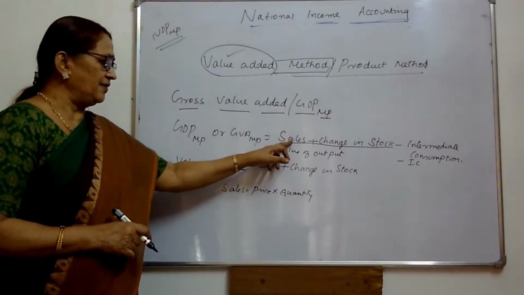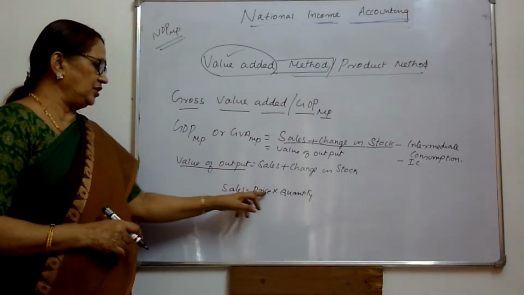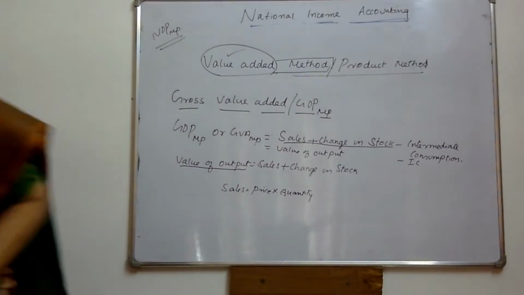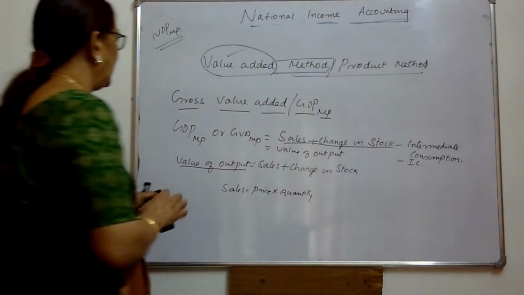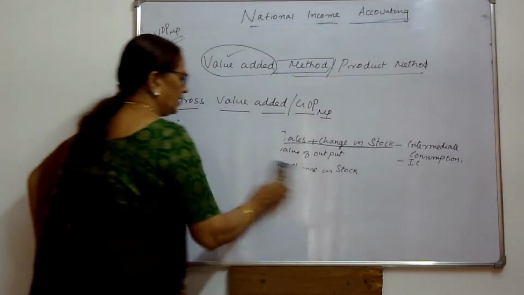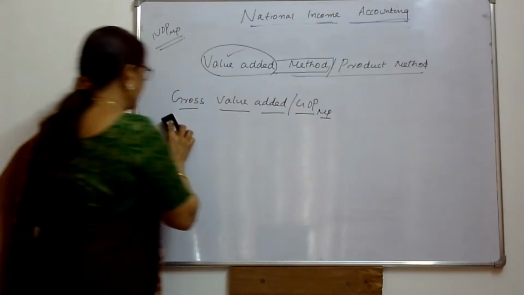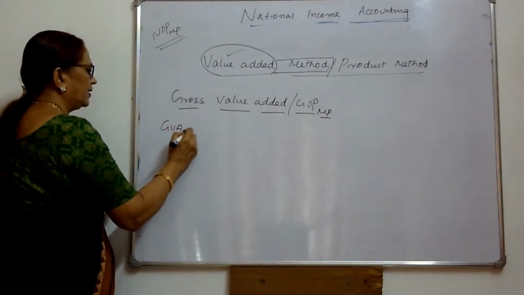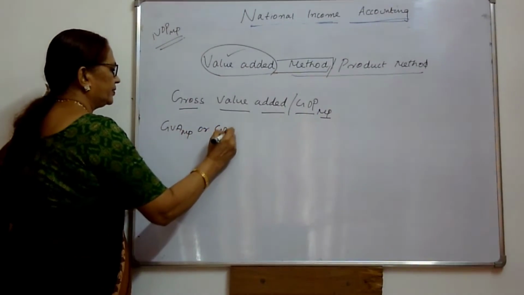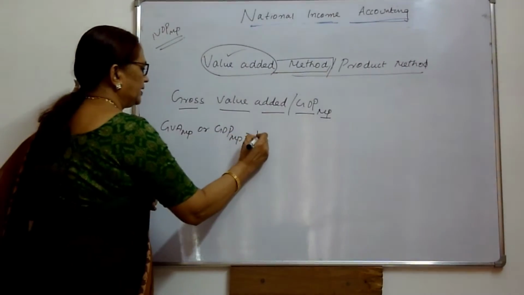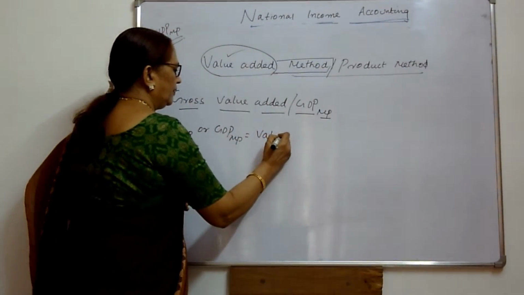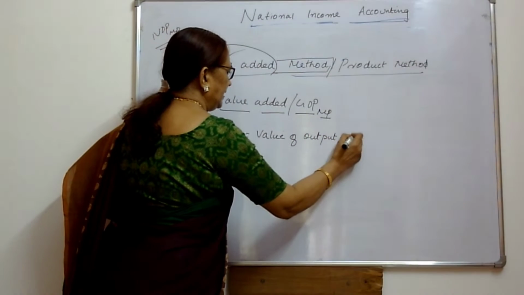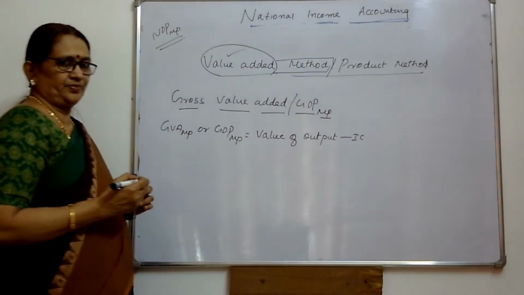Now what is the value of sales? It is price into quantity. So we can write it in a different way. GDP or gross value added at market price is equal to value of output minus intermediate consumption.